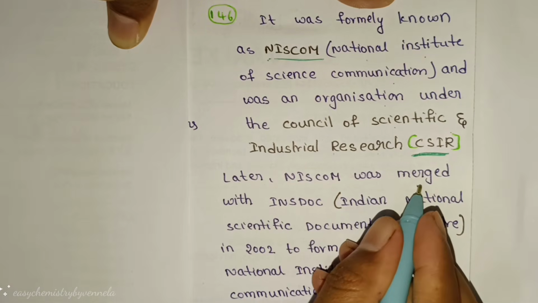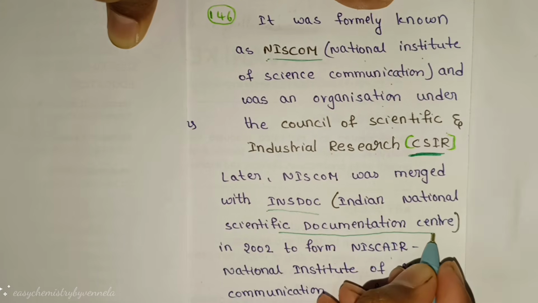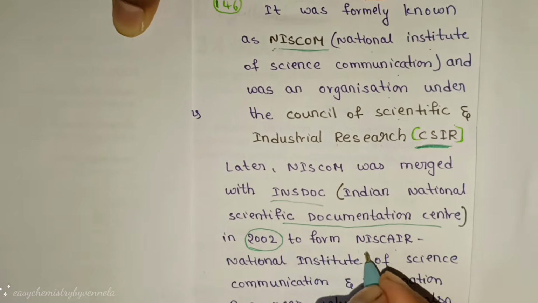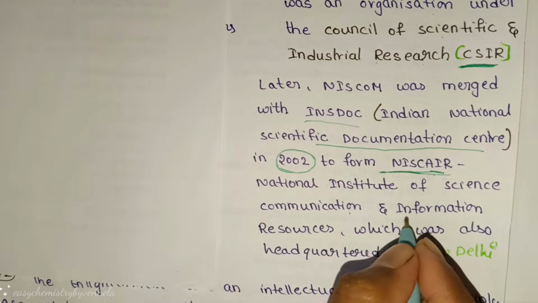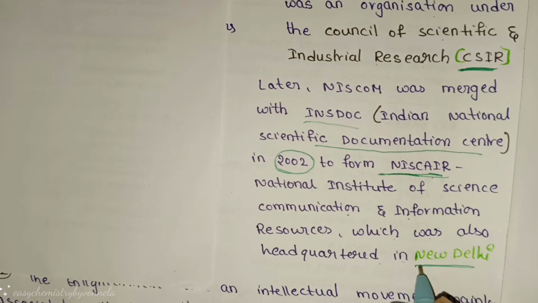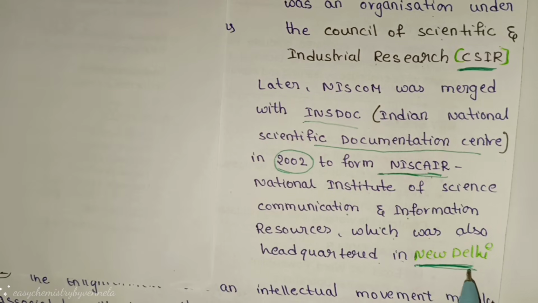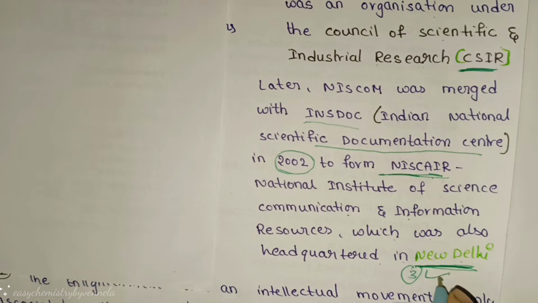Later, NISCOM was merged with the Indian National Scientific Documentation Center in 2002 to form NISCR, National Institute of Science Communication and Information Research, which was also headquartered in New Delhi. So New Delhi is the correct one. The third option is the correct one.